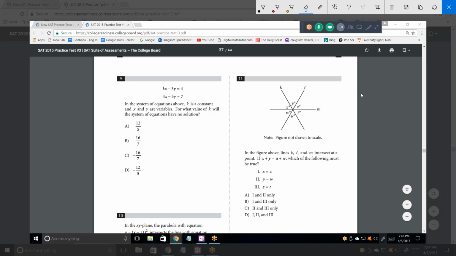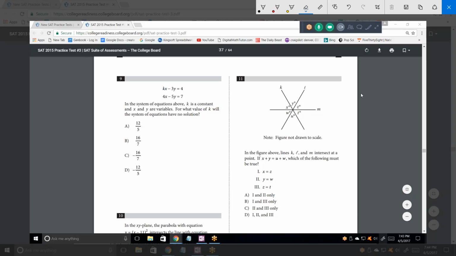And we know that x plus y plus w is equal to u plus t plus z. We know that y equals u, and we know that x equals z. Well, first of all, we know y equals u because they're vertical angles.